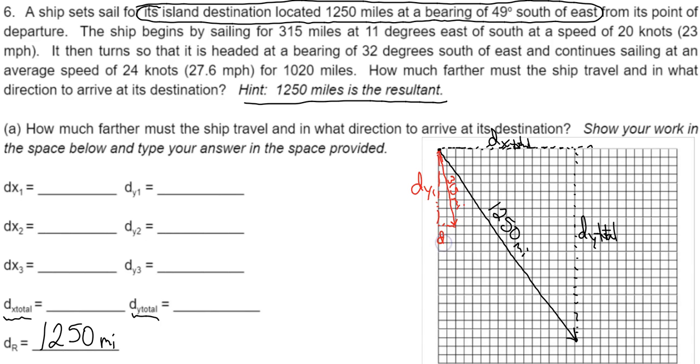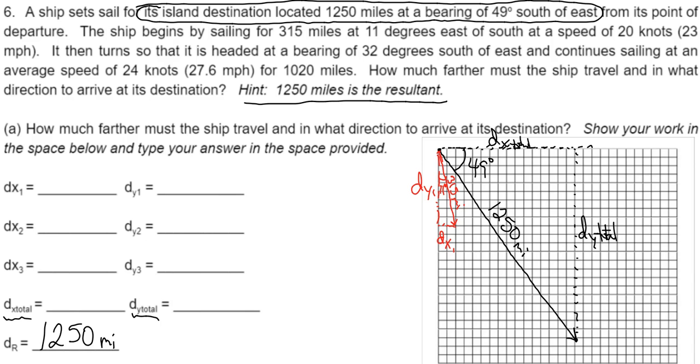And down here is my distance in the x direction for the first leg. I'm also going to go back and label some of my angles. My original angle for the resultant was 49 degrees south of east. For my first leg of the journey, that angle is 11 degrees east of south. So that's my 11 degrees, my really narrow angle right there.